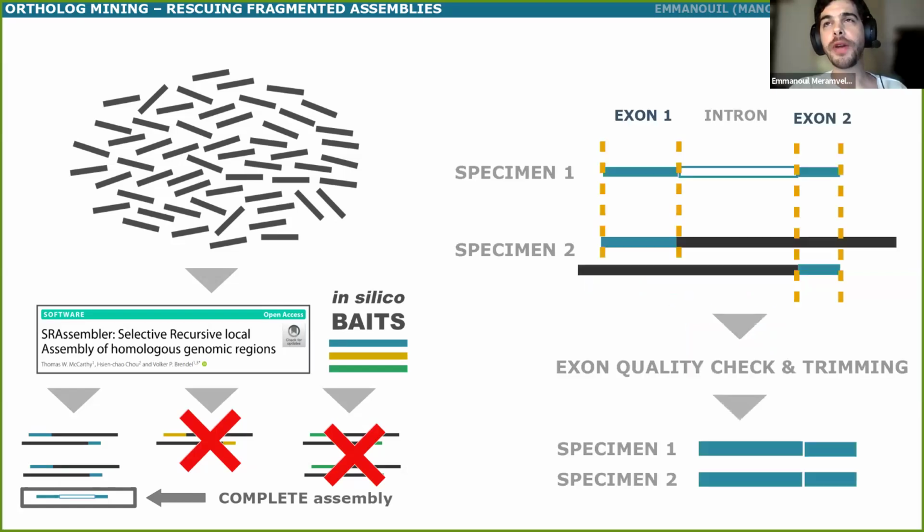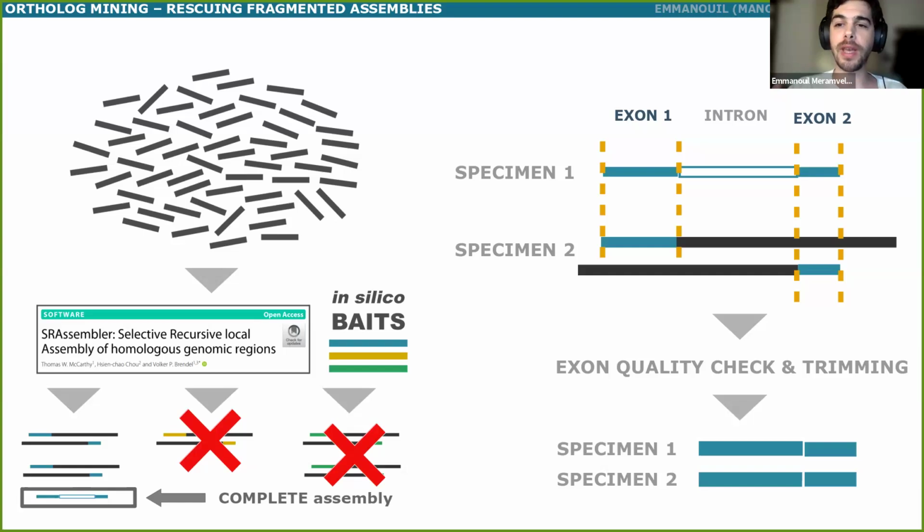So we created a script that uses the information from complete assemblies of one specimen, specifically the coordinates where this assembly aligns with the initial bait, in order to get the exons from another specimen and actually check their quality based on some similarity indices that we implemented, and also trim any possible erroneous regions of this exon.